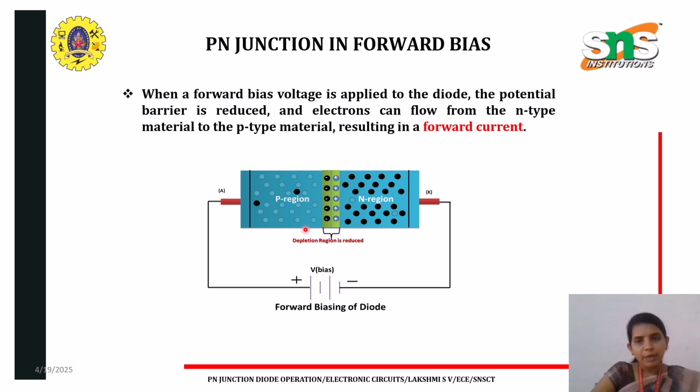When this forward bias is applied, the potential barrier is reduced and electrons can flow from the N-type material to the P-type material, and that is called forward current. Here we could see that the depletion region is thin. So when a forward bias is applied, the depletion region reduces, it becomes thin, and there exists a forward current. This is the operation of forward bias.